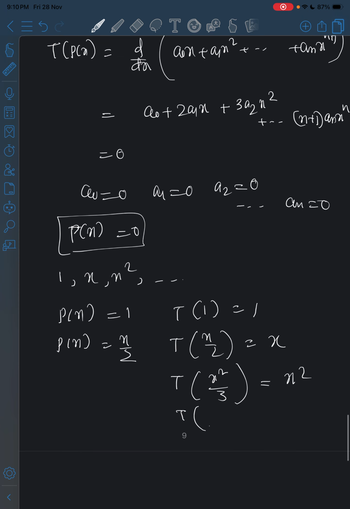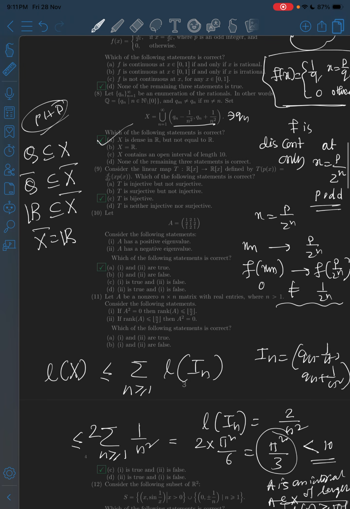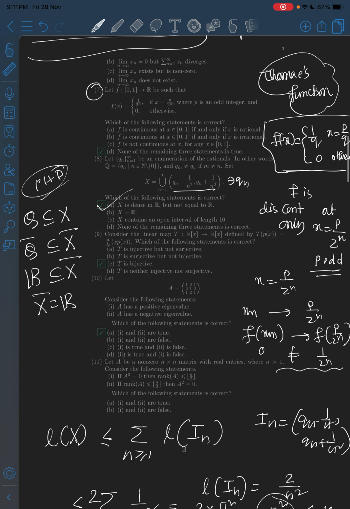So T of x to the n plus 1 divided by n plus 1 is x to the n. Every basis element has a pre-image, so it is surjective. So T is bijective. Easiest problem, question number 9.